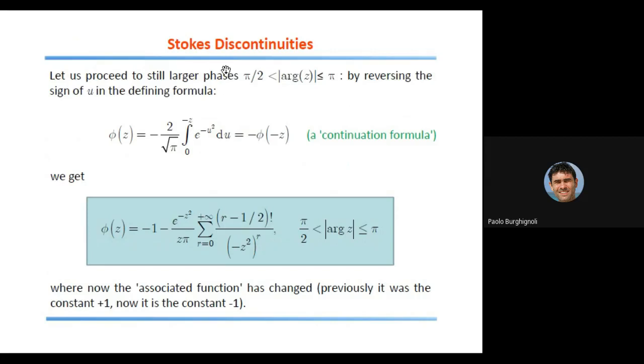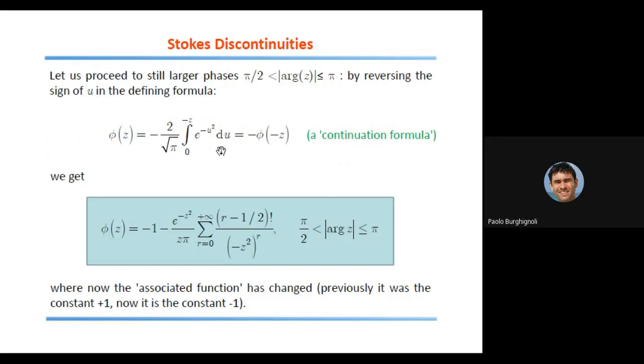If you, just to finish all the possible arguments, consider that the absolute value of the argument is now between pi over 2 and pi, so we are now on the left half plane of the complex plane, then there is a very simple way to get the right asymptotic formula, and it is to change the sign of the integration variable u in the defining formula of the error function.